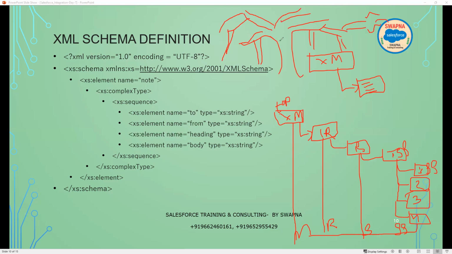So either you can specify all the information directly within the main, or else within the main you can mention the root, and for that root again a subroot, whatever is there. Now here if you observe, this is the main root, and within that you have a subroot.